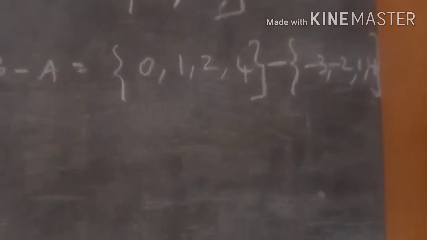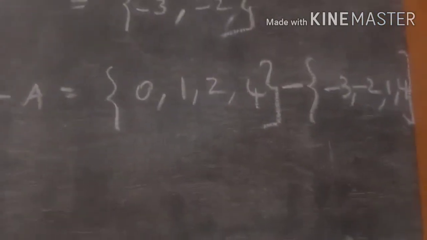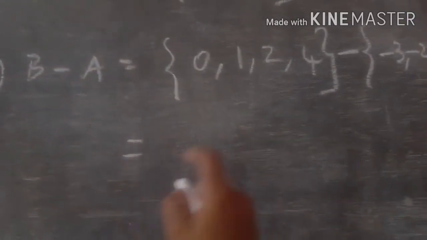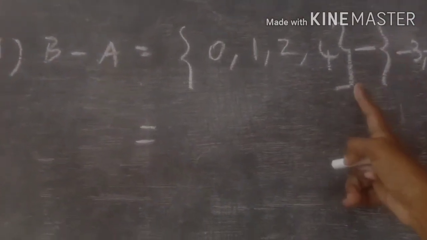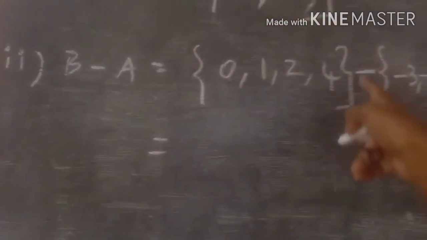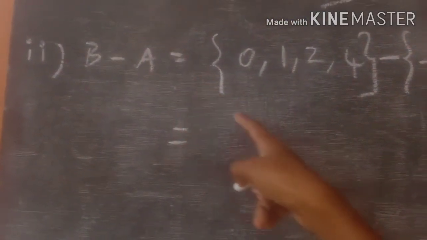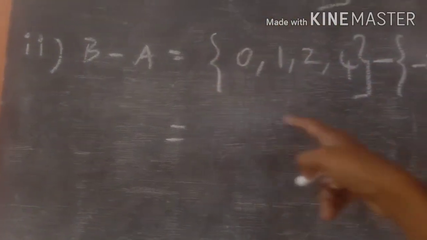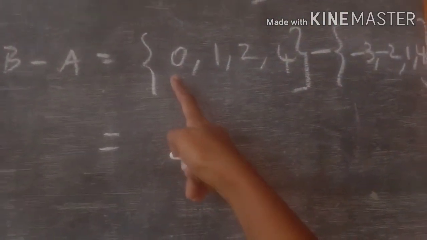Okay, so B minus A is written. So minus means difference, and you write the remaining elements of the first set only.